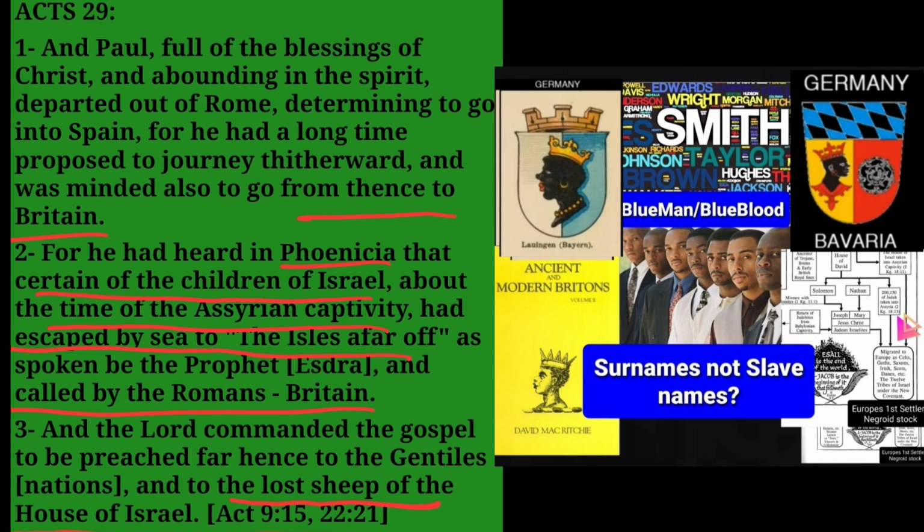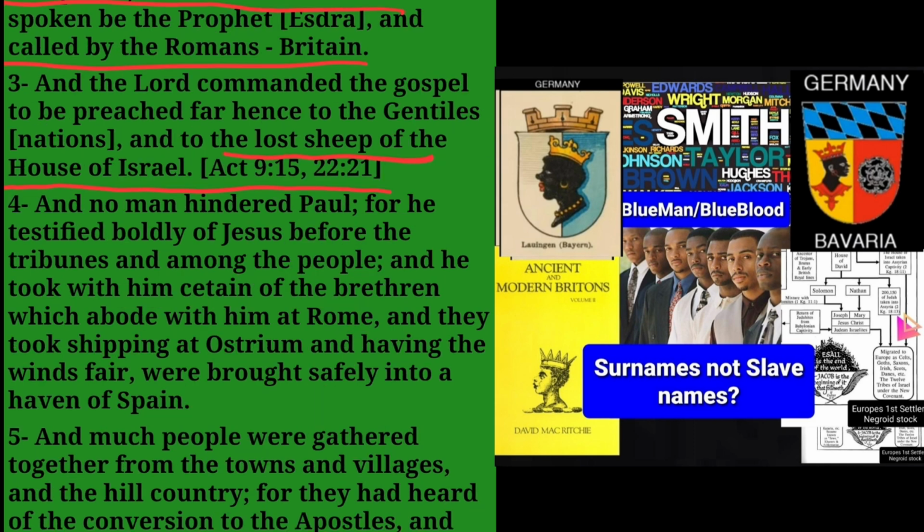For he had heard in Phoenicia that certain of the children of Israel, about the time of the Syrian captivity, had escaped by sea to the isles afar off, as spoken by the prophet Esdras, and called by the Romans Briton. Verse 3, And the Lord Yahweh commanded the gospel to be preached far hence to the Gentiles, meaning what? The nations, and to the lost sheep of the house of Israel, meaning what? The northern kingdom, or Ephraim, right?